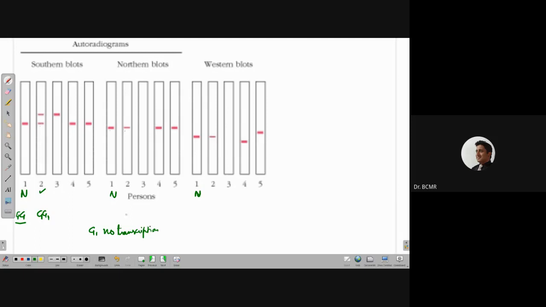This is also confirmed from the Western blot, where you see half the product in person 2, but you don't see any other fragment anywhere, which may mean there is no translation. No transcription, therefore there will also be no translation, right? So the mutation in G1 must have been in the promoter region.